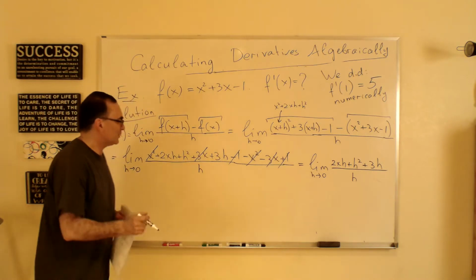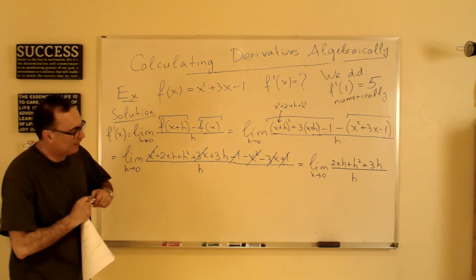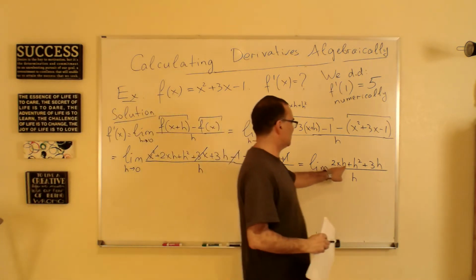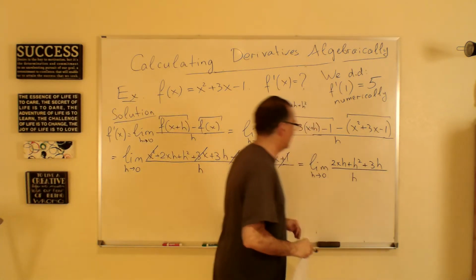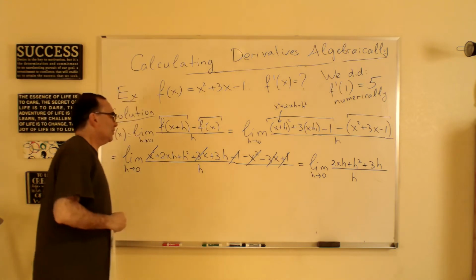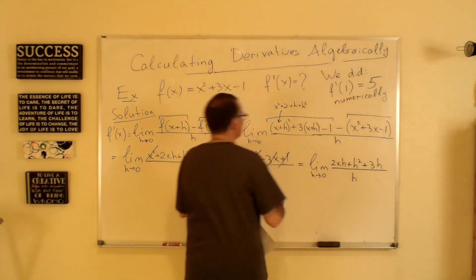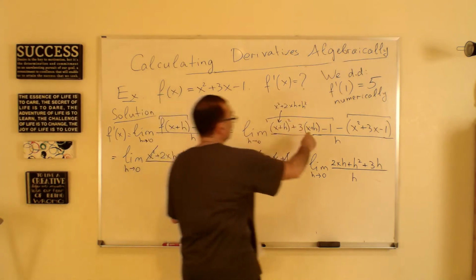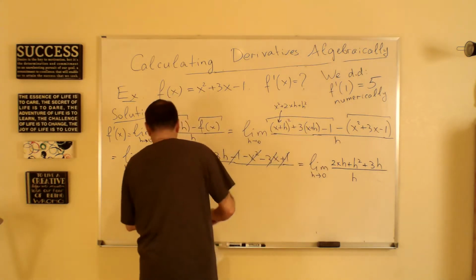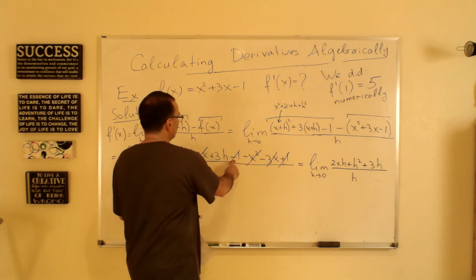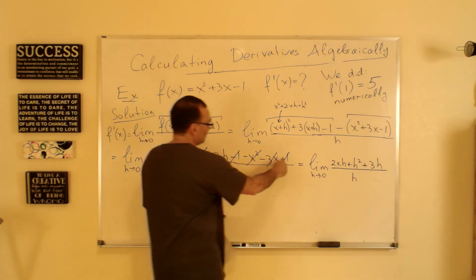Once again, the next step is to factor out h, and at this point we should know that we are on the right track. Why? Because there is h in every term, so we can take it out. Now, this is where you can catch some mistakes. For example, let's say that you forgot the minus 1 at the end. Sometimes students forget. If you forgot minus 1, then this minus 1 will not occur here, and it will not cancel the plus 1.